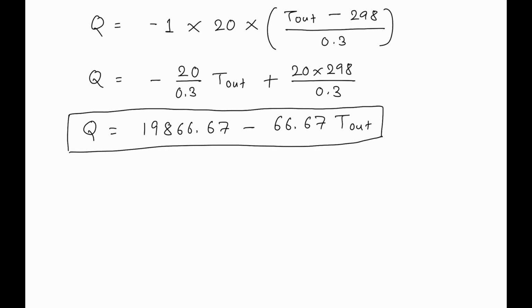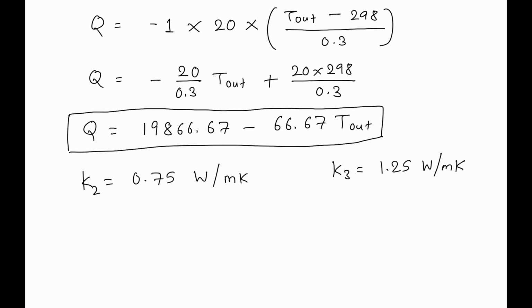So if we see this equation, we can see it is an equation of a line. So heat transfer here can be said to be linear. Now we have two more thermal conductivities, which is K2 equal to 0.75 watt per meter Kelvin and K3 equal to 1.25 watt per meter Kelvin.